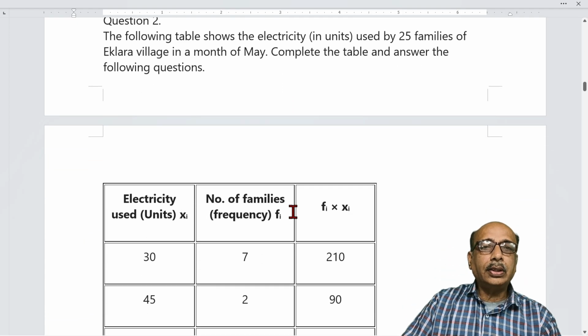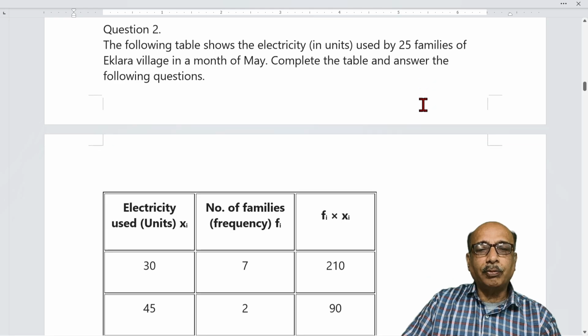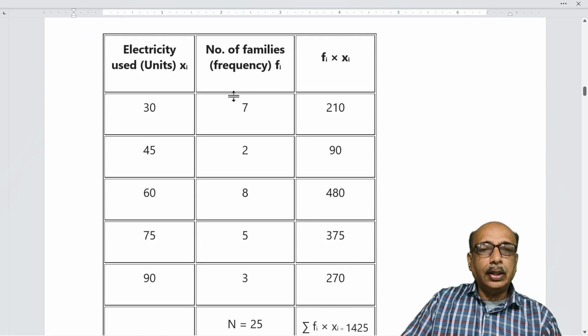Next question. The following table shows the electricity in units used by 25 families of Eklara village in a month of May. Complete the table and answer the following questions. Here, electricity used in units is given as xi.